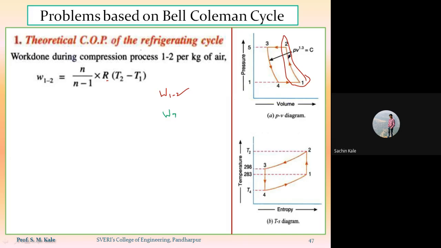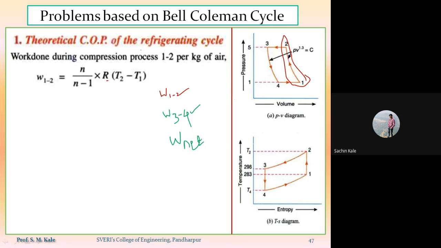That means during the process 3 to 4 we are obtaining the work, because this is the expansion process. So the formula will be W3 to 4 is nothing but n/n-1 R into T3 minus T4. So here I will get the value of W3 to 4. So after getting the values of W1 to 2 and W3 to 4, I will get the value of W net.